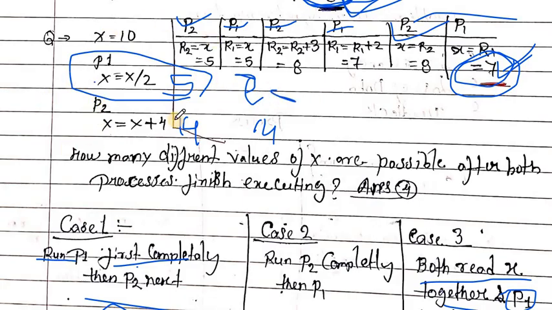After that, P2 will change the value of the shared variable to 14.